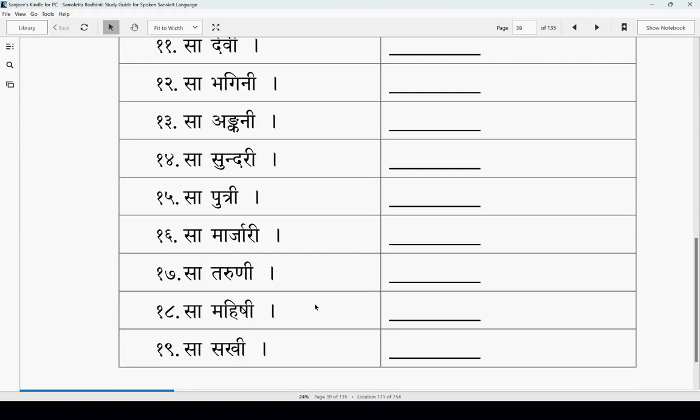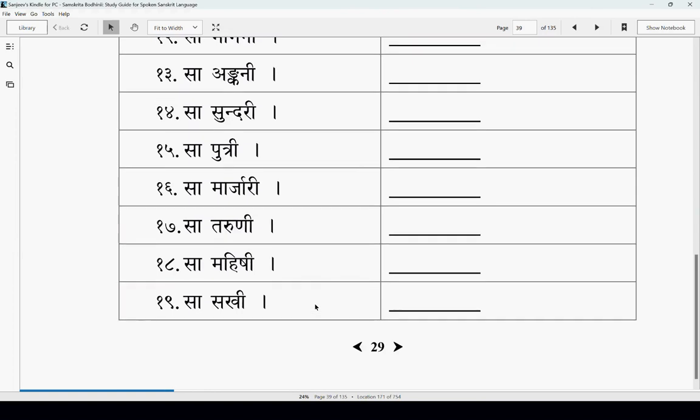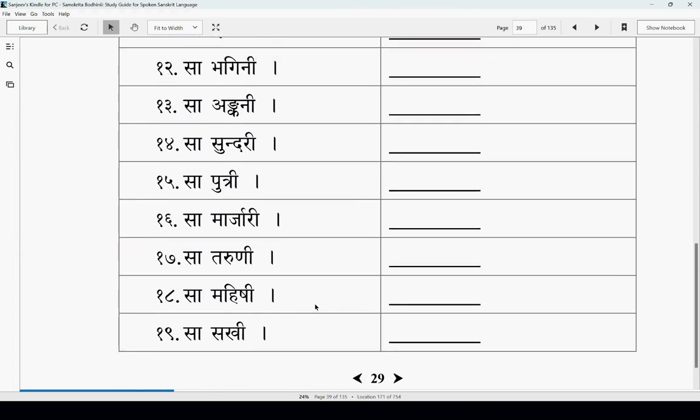Then Dirgha Ikaranta ending words: Taruni, etc. Marjari is the female cat. Taruni, young woman. And Mahishi is buffalo, she buffalo.